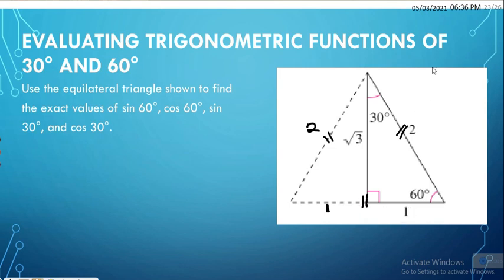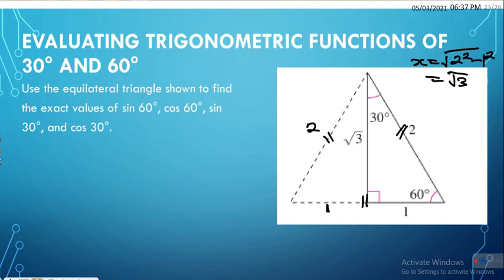And by Pythagoras theorem, you can find the height to be square root of 2 squared minus 1 squared, which is square root of 3.